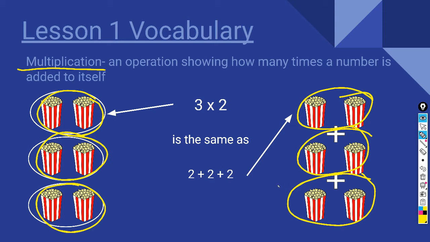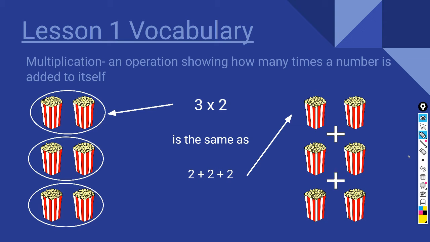And in either equation, we end up with 2, 4, 6. 3 times 2 equals 6. 2 plus 2 plus 2 equals 6. 2, 4, 6. So really, multiplication is just repeated addition. You're just adding the same number over and over again, and that is how you multiply. So if you think multiplication's a little scary, just remember, if you can do adding, you're just adding.